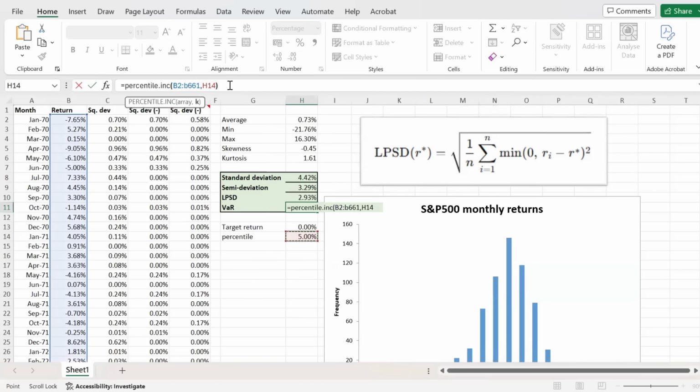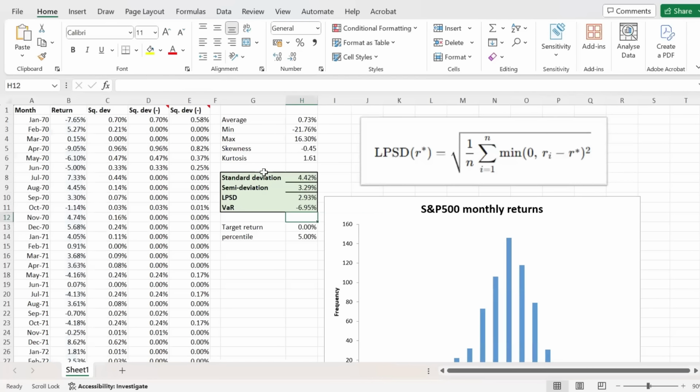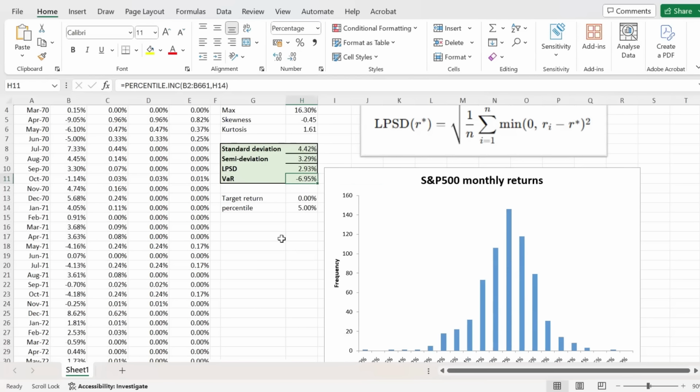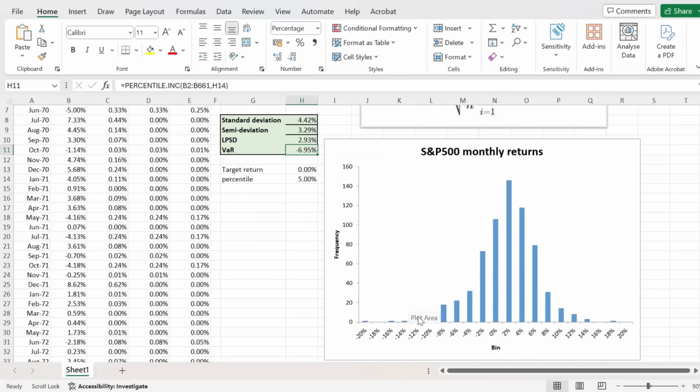Then just close the parentheses, and you get this as minus 6.95%. So let's say minus 7%. What this means is that 95% of the observations lie above minus 7%, and 5% of the observations lie below minus 7%.